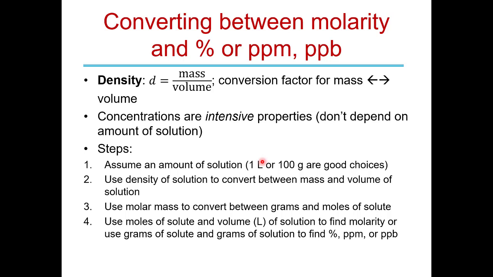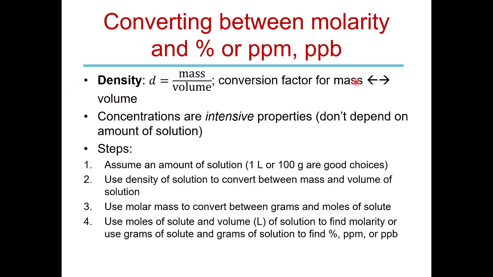If we're dealing with a percent by weight, we might choose 100 grams. If we're working with parts per million, we might choose 1,000,000 grams as the amount of solution that we have. And then we're going to use the density of the solution to convert between mass and volume of solution. So we'll use the density to interconvert mass and volume, whichever way we need to go.